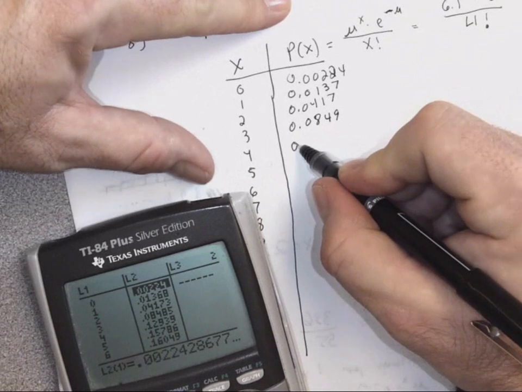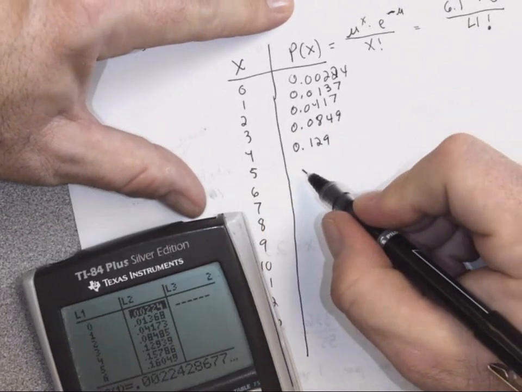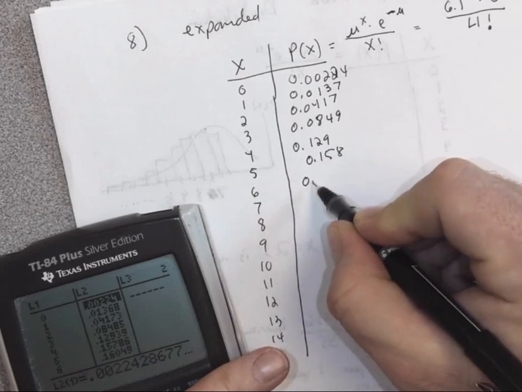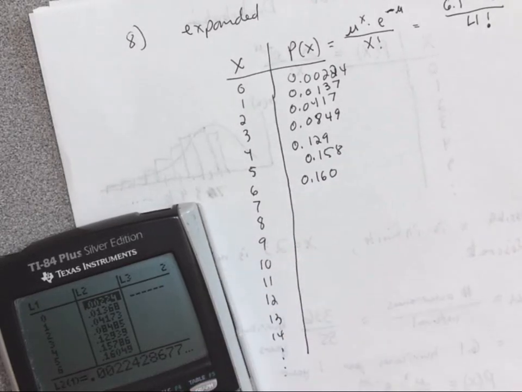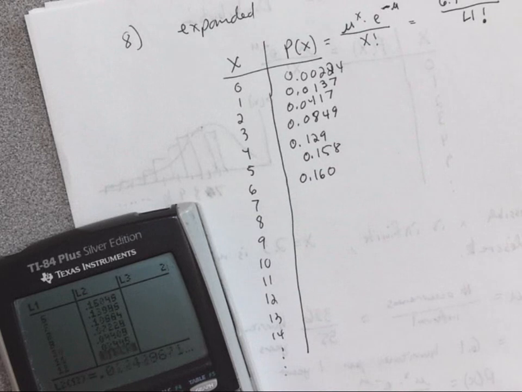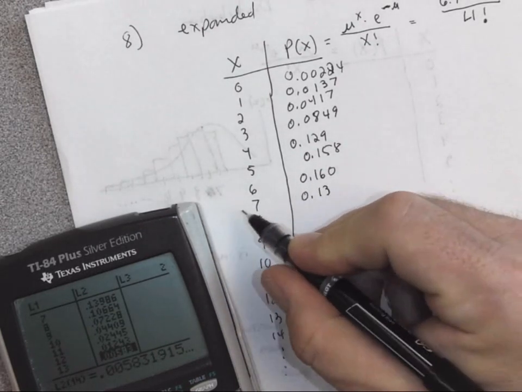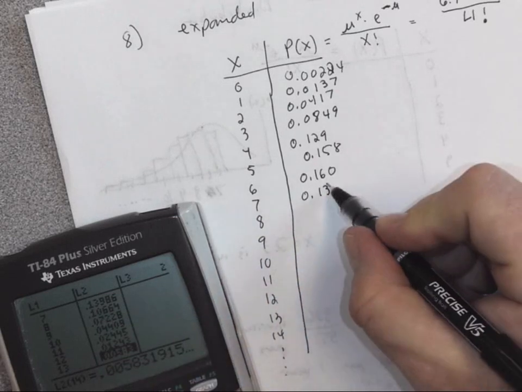The P of 4, what we already calculated, is 0.129. P of 5 is 0.158. 0.160. P of 7 is 0.1389, so I have to go with 0.140.